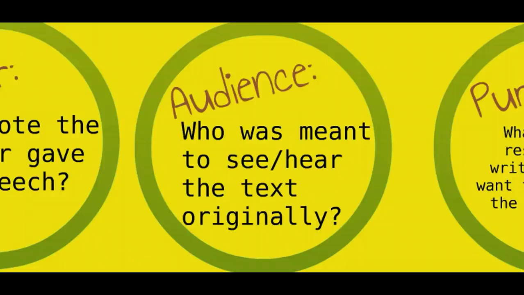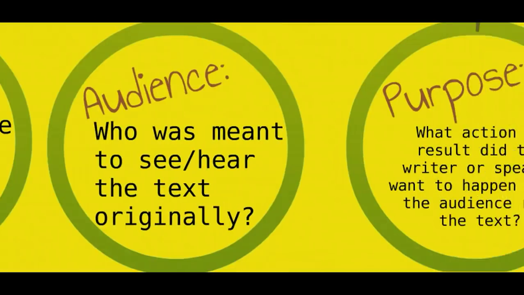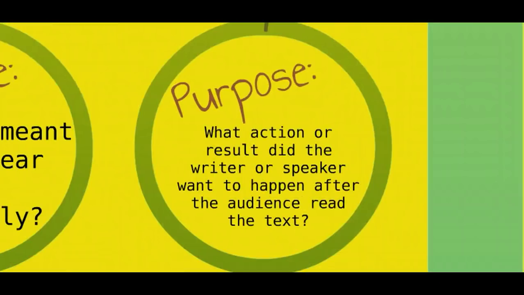Just because you're reading it doesn't mean you were the original intended audience. In fact, for all of these texts, when they appear in a test, the person who was writing it or saying it originally did not think it was going to be in a test. So you have to remember who was the original audience. How would they have heard things differently than how you heard things? And then finally, what's the purpose? What action or result did the writer or speaker want to happen after the audience read the text?